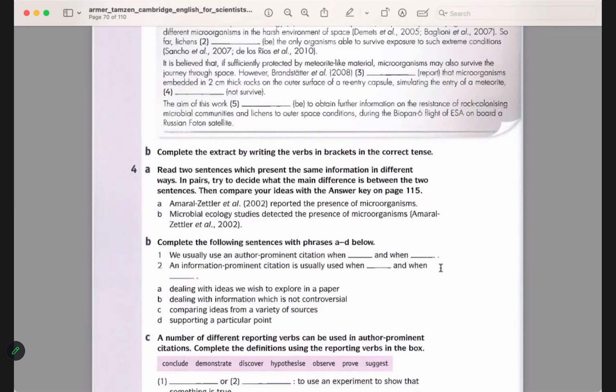With ideas we wish to explore in the paper, when comparing ideas from a variety of sources. Information prominent citation is usually used when dealing with information which is not controversial and supporting a particular point. It was interesting to get to know why it is written in different ways.